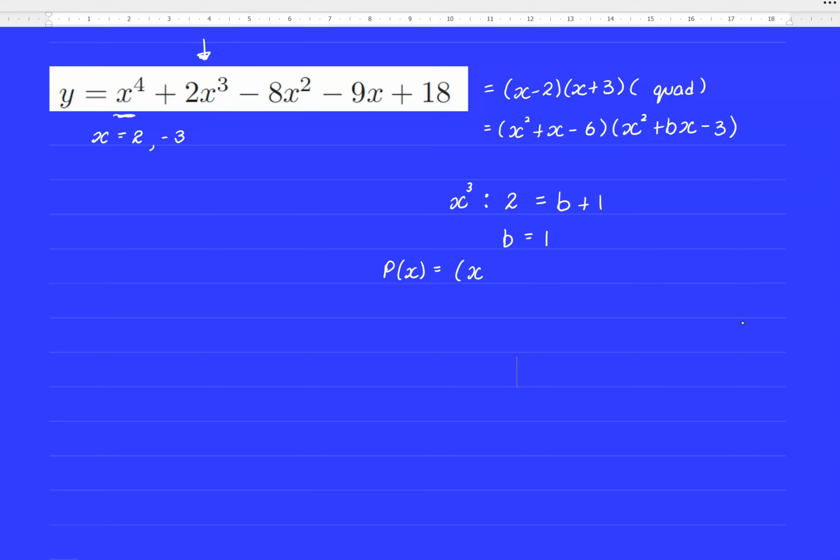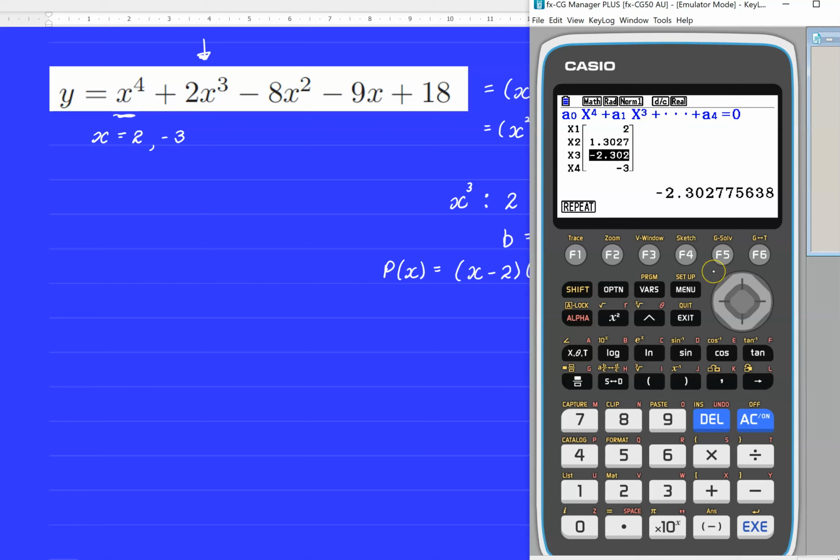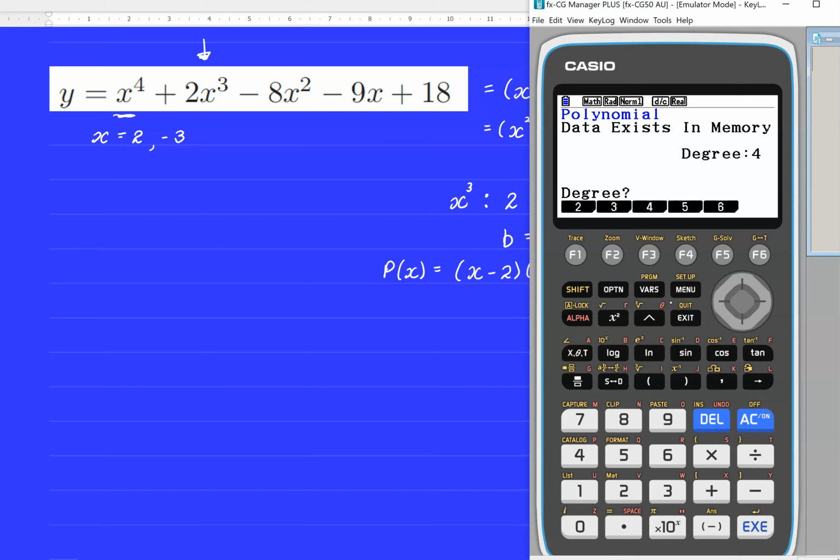So I've now got my polynomial is x take 2, x plus 3. My quadratic will be x squared plus 1x take 3. I already know that that's not going to be able to be factorized because from my calculator it gave me hideous answers. But instead of having to do the quad formula again, I can now go to my quadratic here and type in, what was it?